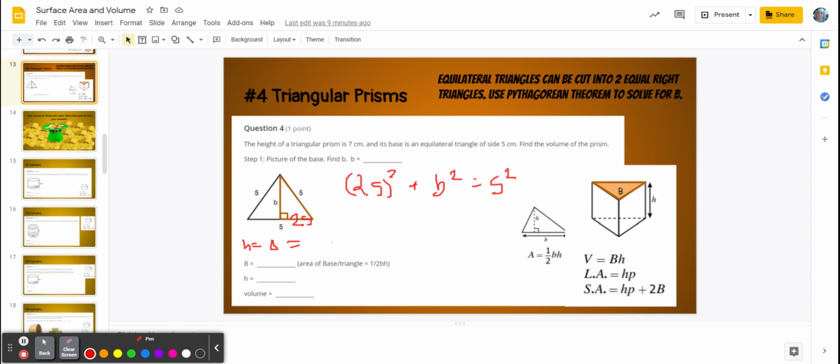It is 4.3. And then the area of the base is going to be 1/2 base times height. So that's 1/2 the base, which is 5, times that height that you just found, 4.3.